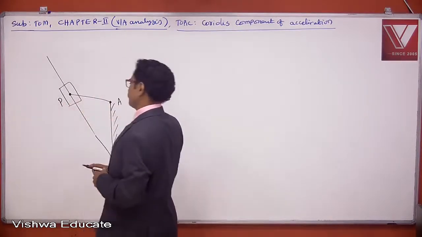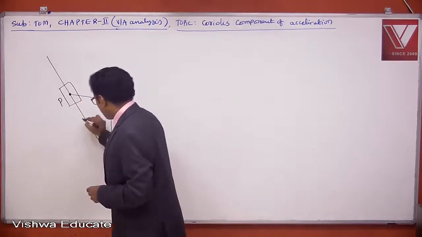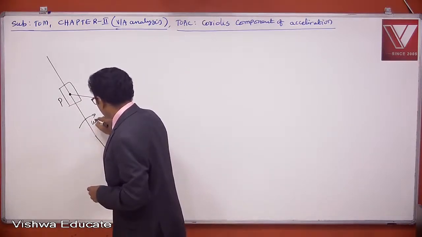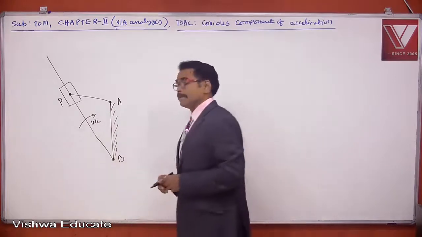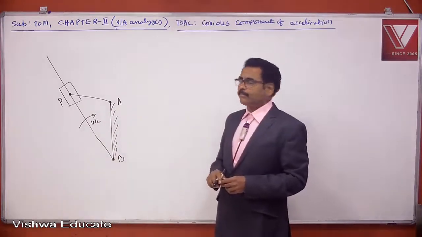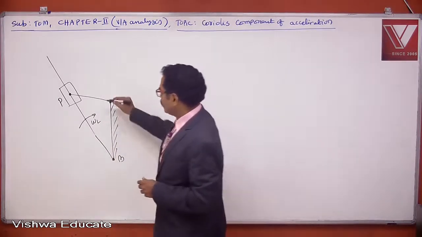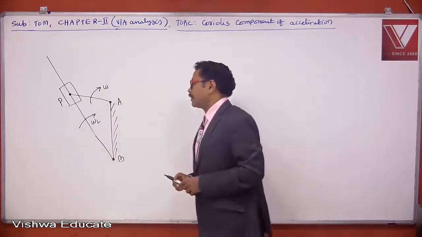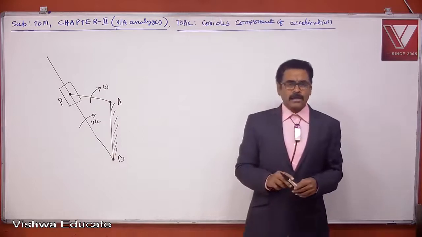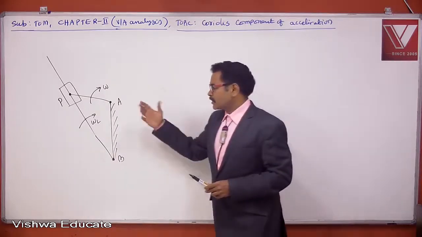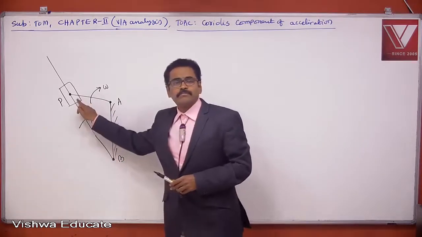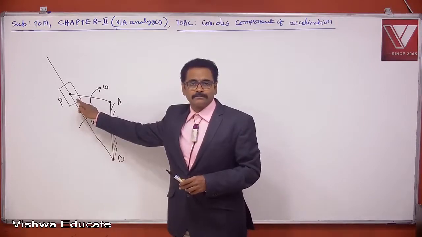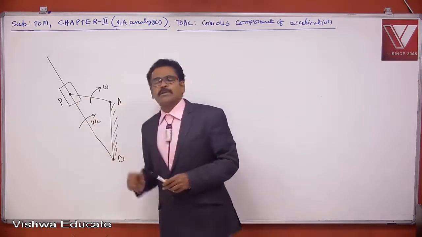Here P is there, and omega L is the angular velocity of lever, and omega is the angular velocity of crank. P is a point on slider. What is the motion of P?